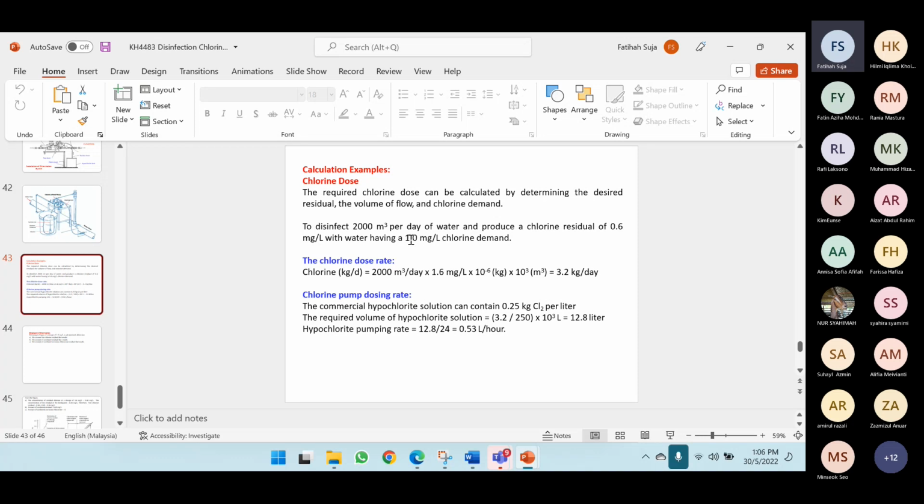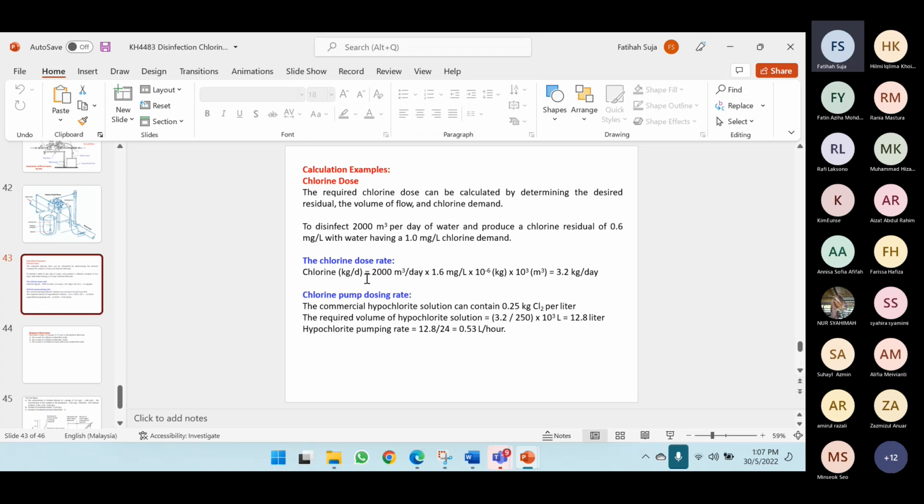You will be able to know what is the chlorine demand of your water. But for chlorine residual of 0.6 milligram per liter, maybe you just follow the guideline that you need to have chlorine residual in your water supply after you treat, before you distribute. You need to have chlorine residual, and you need to disinfect 2,000 cubic meter per day of water.